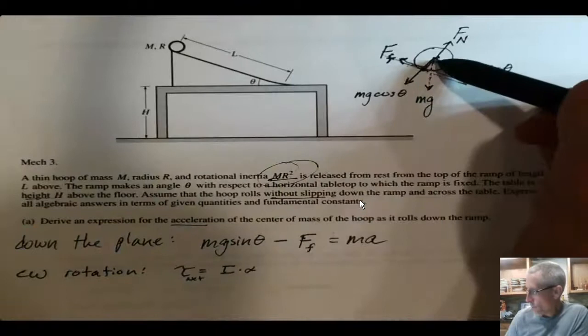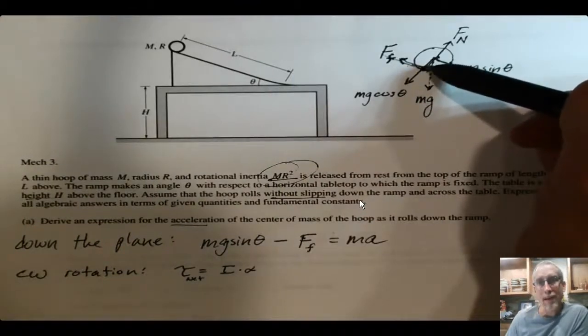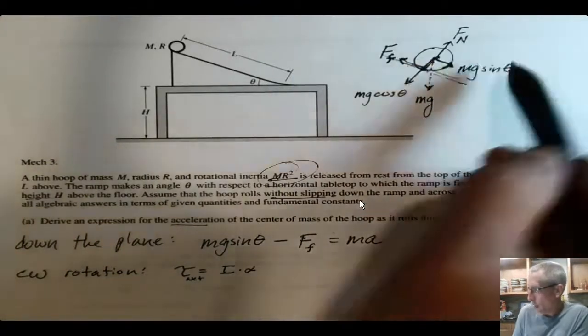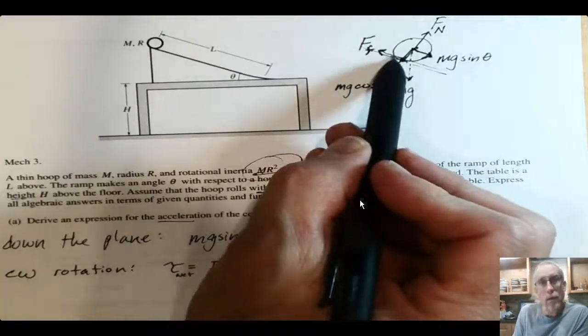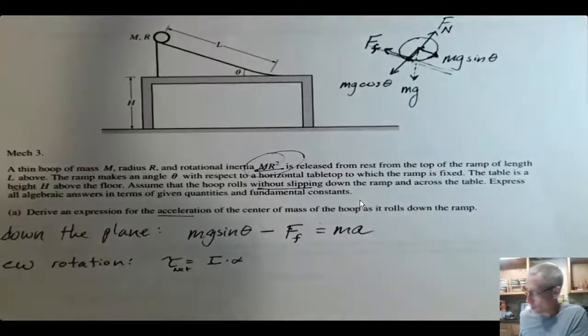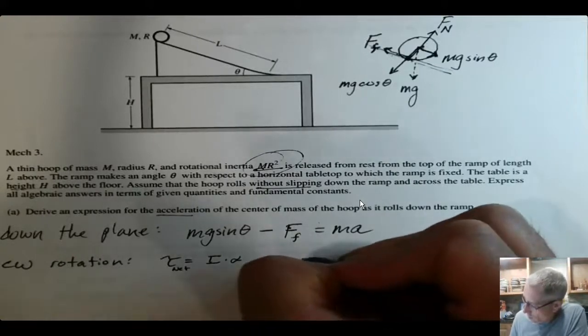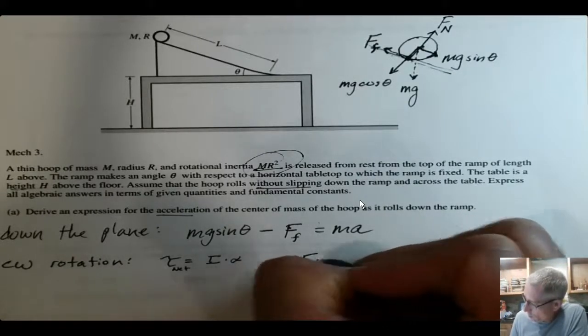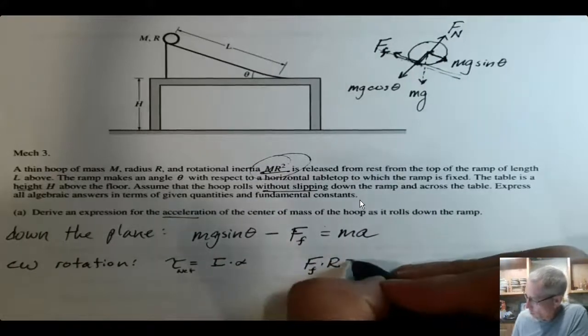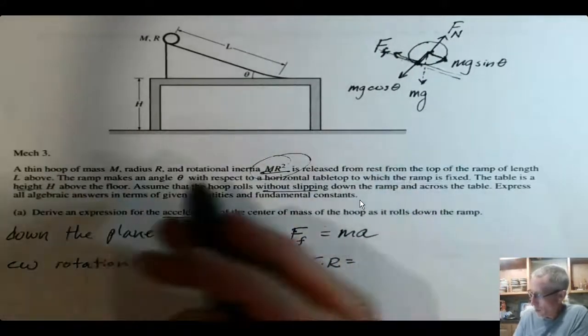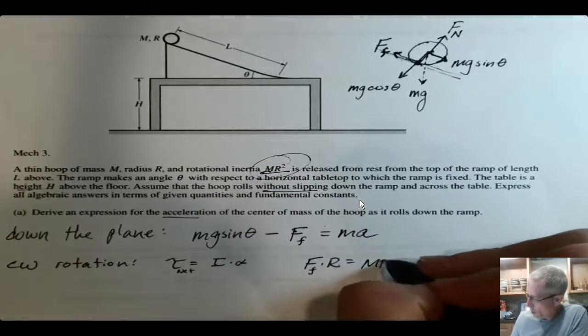So here we have, here's the little distance. The radius of the ball is that little r, that distance. And we have 90 degrees to it is the friction force. So we do not have to worry about that direction part. So I'm going to write it this way. The friction force times r, that's my torque, equals I. Now I was given here as mr squared.